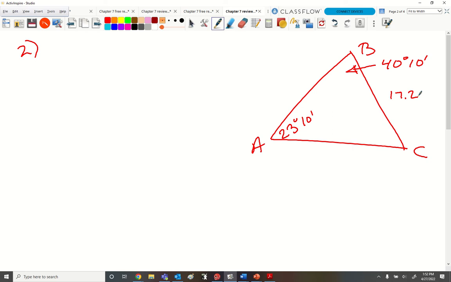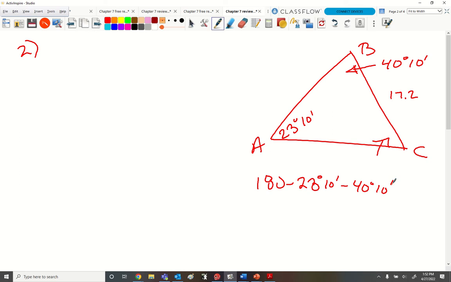Since we have to solve everything in the triangle, what's the first thing I should solve? What is the easiest thing? The big C, because all 3 angles in a triangle have to add up to 180. Very good. So, let's do this. It's 180 minus 23 degrees 10 minutes minus 40 degrees 20 minutes. And what do I have to include on this one?